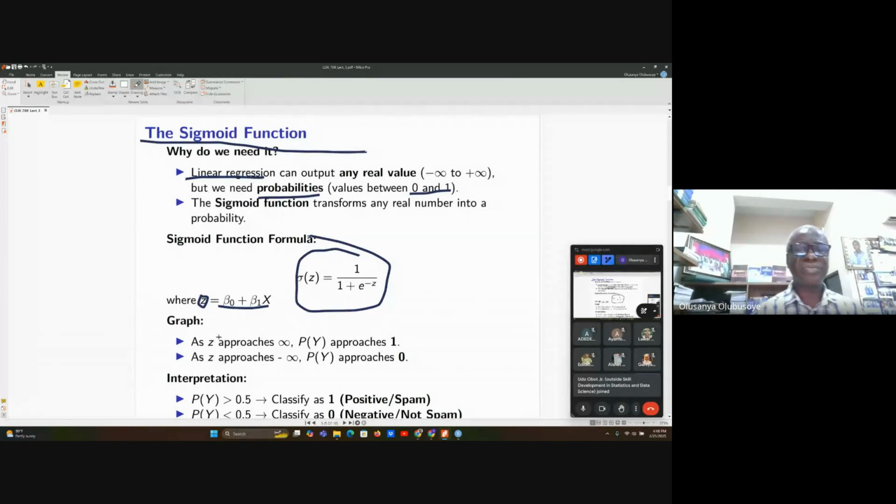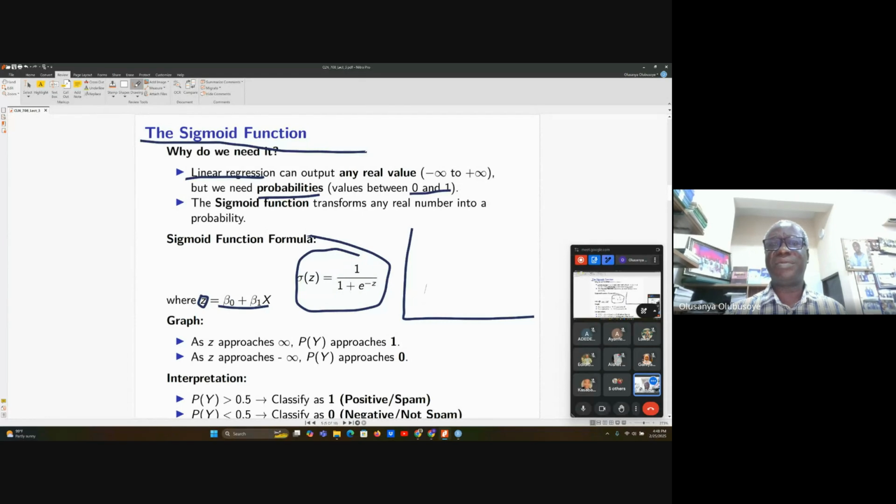So if we plot the sigmoid function, you see as Z approaches infinity, then the probability approaches 1. Usually you have something like this.